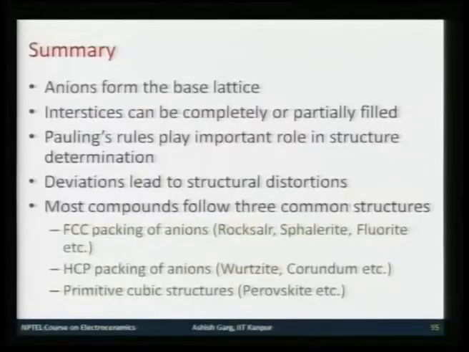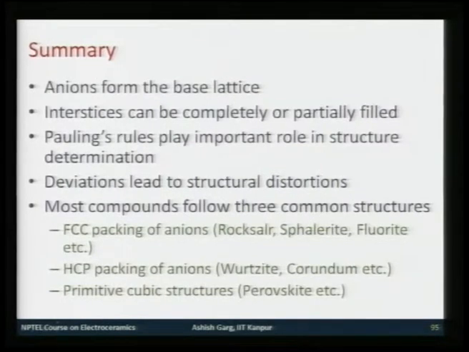And then we looked at various possible structures, and we see that there are certain guidelines which govern the formation of these structures, which are called Pauling's rules, and based on these rules you have certain coordination of each cation and anion. The interstices, based on the stoichiometry, can be completely or partially occupied.